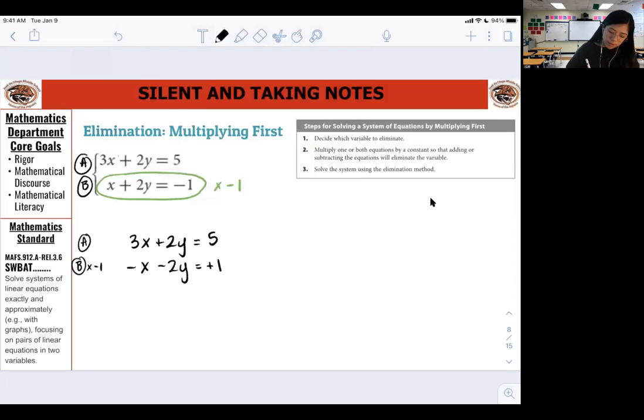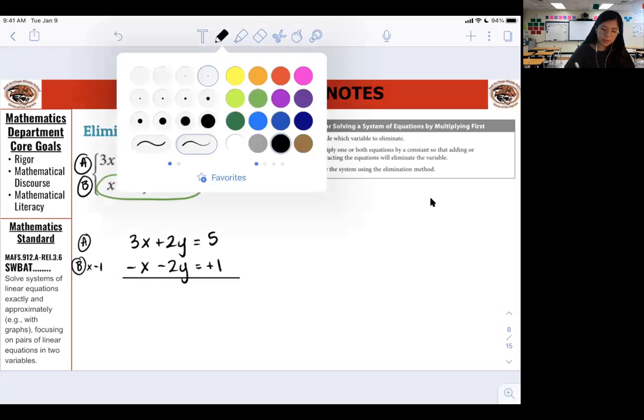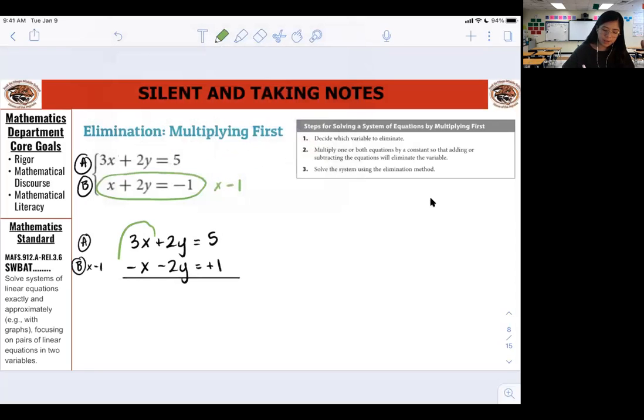And what we do now, I always say, I don't want to say that we're just adding because we're not. We're subtracting on some of them and adding on some of them, because it just depends on what you see. So for my x's, am I adding or subtracting here? Subtracting, because I have that negative sign, which is telling me to subtract.